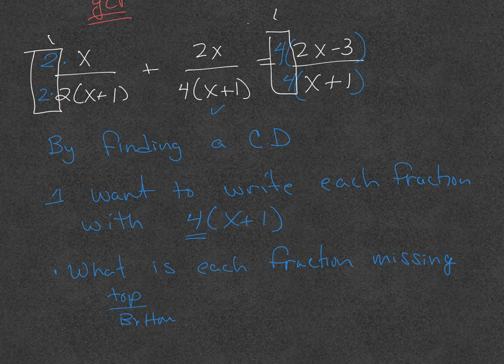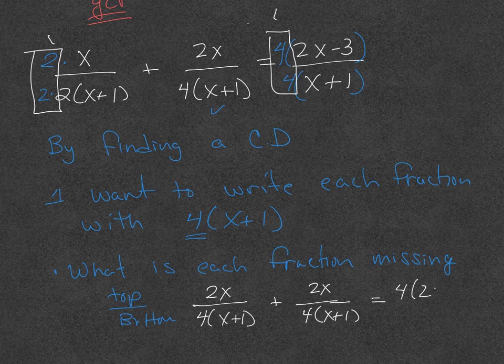So if I want to go ahead and continue that, that would give me what? That gives me 2x over 4 times x plus 1 plus another 2x over 4 times x plus 1 is equal to 4 times 2x minus 3 over 4 times x plus 1.